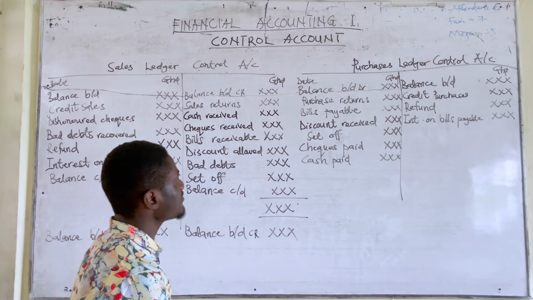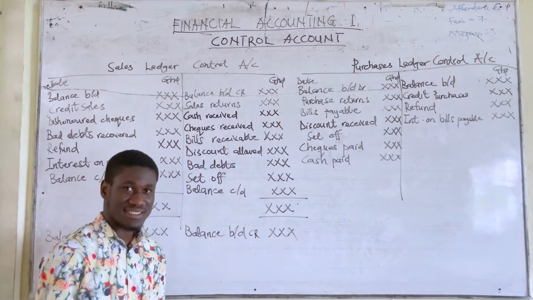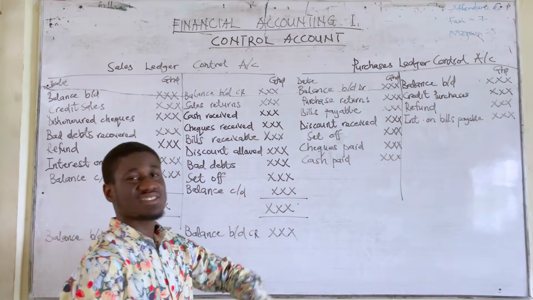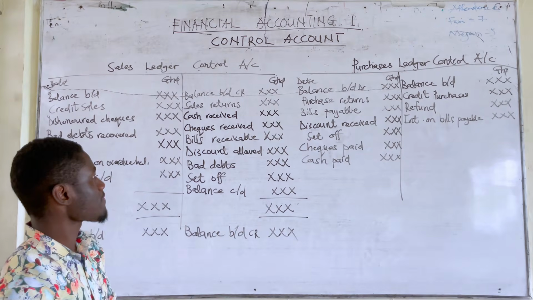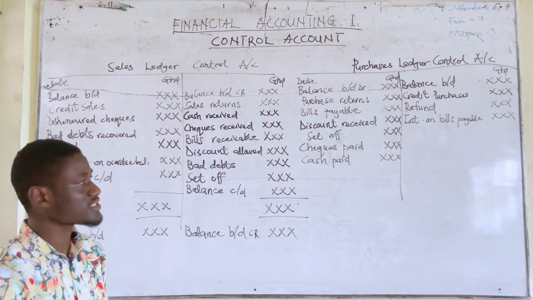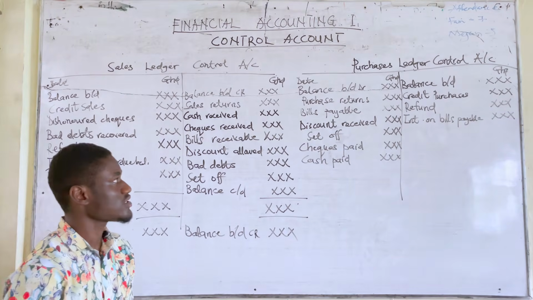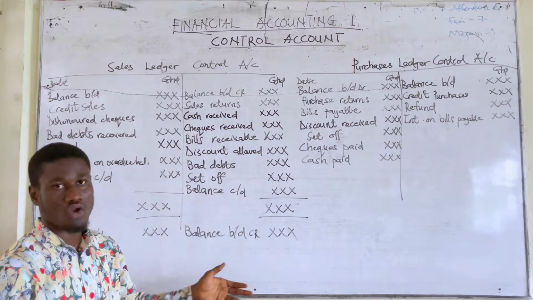So I've tried my best to get the possible items that you might meet in examination. Some of these items will not be in the question, but if you have all the items in mind, you will definitely meet most of them in the questions, because most of the questions are not going to include all of these.